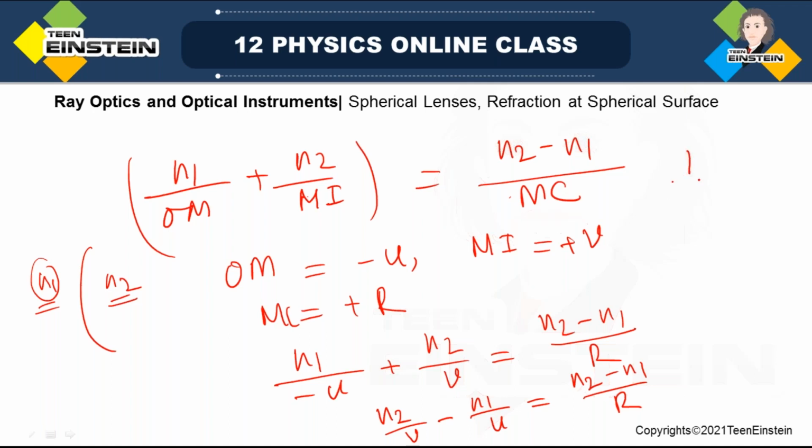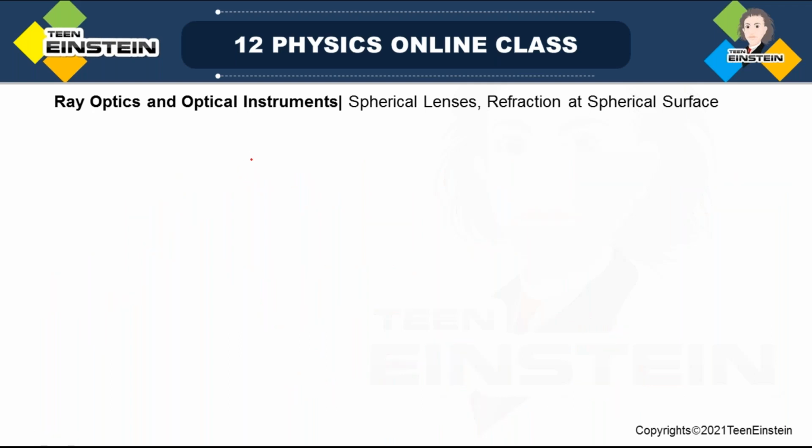You have learned the very simple formula 1 by V minus 1 by U is equal to 1 by R, which happens in the case of a mirror. Let us see how we can get some idea if we consider this. So finally we have got the formula.